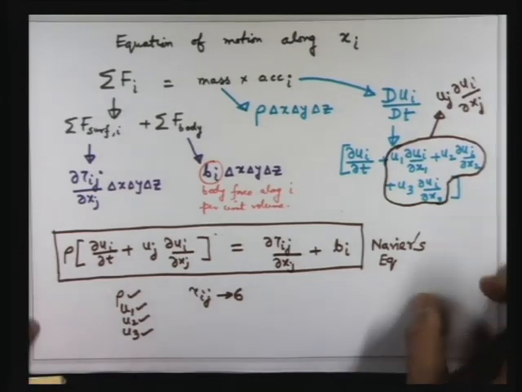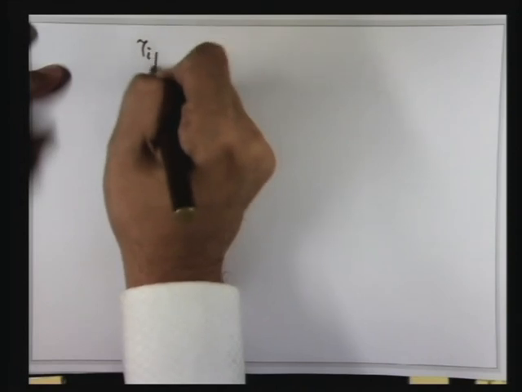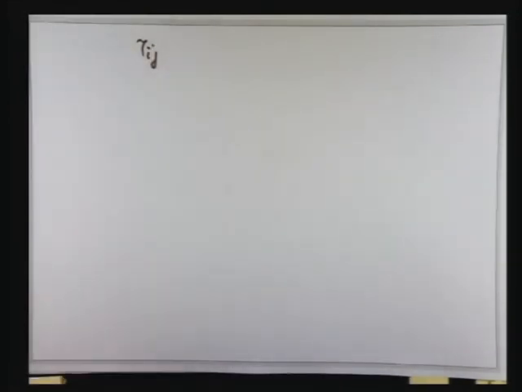I will not go into the derivation of how we are going to do that, but I will give you some particular consideration. So tau ij will have 2 parts. One part will be related to deformation, another part will not be related to deformation.